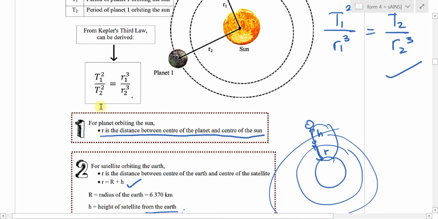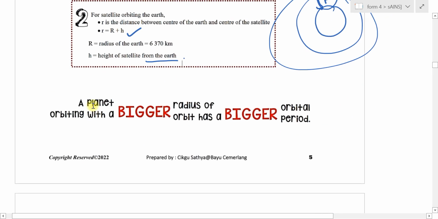Okay, next. So from here we can know one conclusion. A planet orbiting with a bigger radius of orbit has a bigger orbital period. Of course, kan. T square over R cube, right? Okay, T square over R cube equal to K lah.